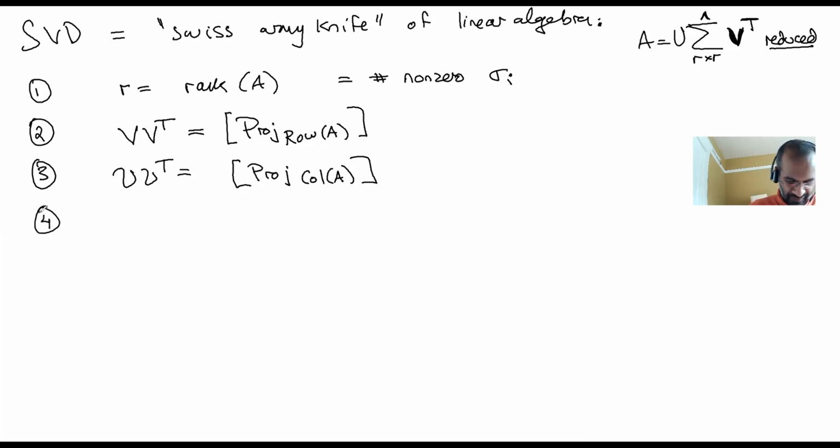You can solve least squares if you know the SVD. So let's just check this.